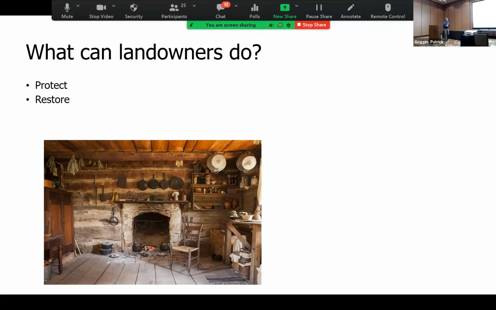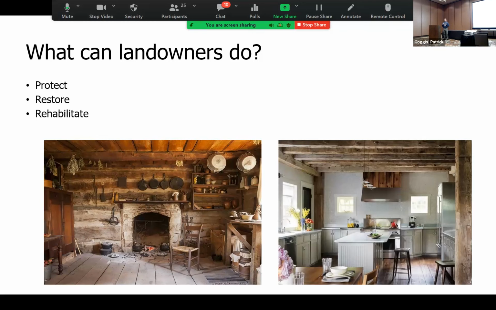Or if that stand or that shoreline or that wetland is degraded, you can look to trying to restore some of that diversity or rehabilitate it. I have a colleague, Laura Kenefek, that gave this, I thought, cool analogy between restoring and rehabilitating. So restoring is trying to bring back the same kind of composition, structure, and function something had originally at some reference point.